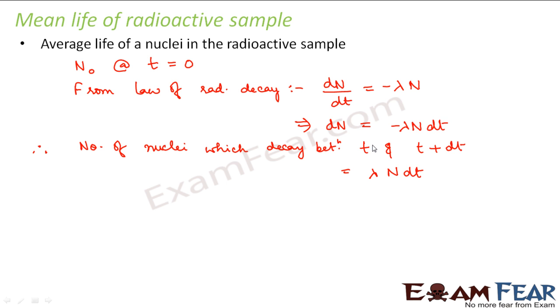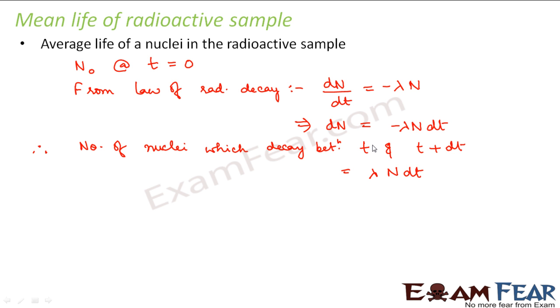But the life of some of these will be less, whereas for some of these it will be more. For example, let us take the example of human beings. If I say that the number of human beings who die between 2013 to 2020 is 100, I say that 100 people die between 2013 to 2020.